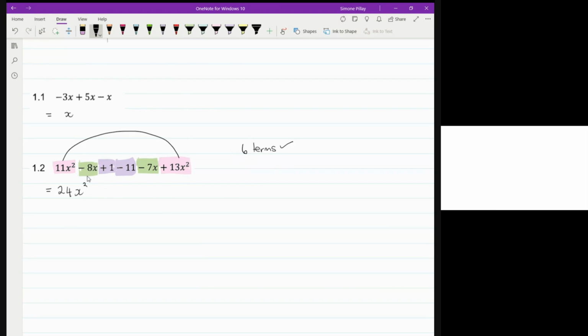When we're dealing with our x's, it's negative 8 minus 7, which gives us negative 15, and not negative 15 anything, negative 15x, and then negative 11 plus 1, that is going to give us negative 10. And so this is as far as I'm going to go. Once I don't have any like terms in my final step, that's when you know you're done. You can't simplify any more than that.